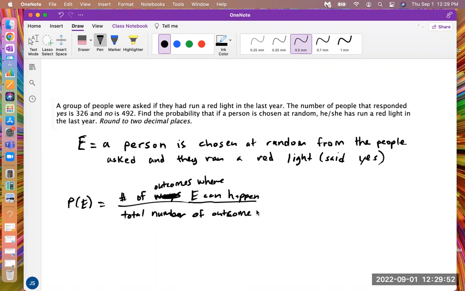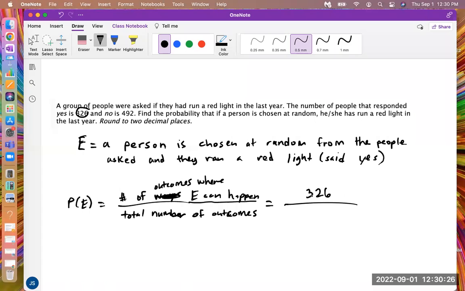You could think about it like everybody who was asked, maybe we put their name and their response in a jar. There's 326 that say yes and 492 that say no. So how many ways can I pick a yes? Well, 326, right? The number of people that responded yes, that is, they ran a red light, is 326. So that's the number on top.